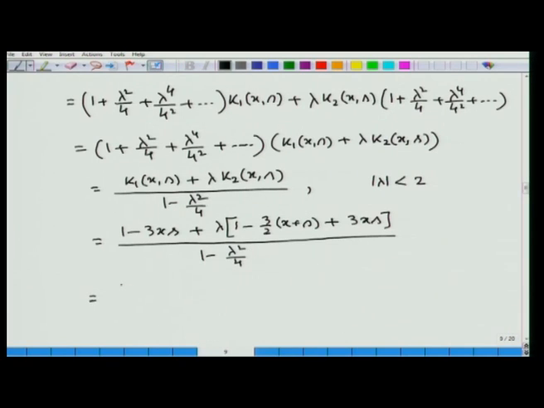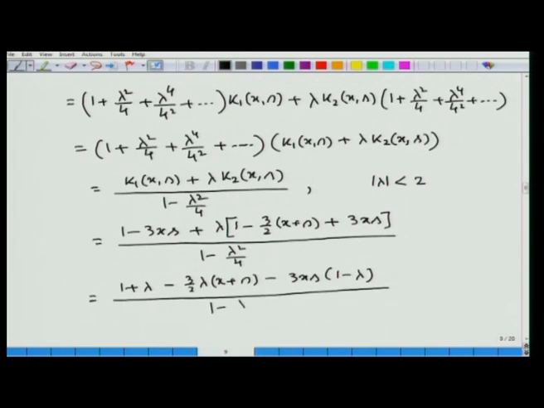So, that means, this is equal to 1 plus lambda minus 3 by 2 lambda times (x plus s) minus 3xs multiplied with 1 minus lambda, divided by 1 minus lambda square by 4. So, this is actually the sum for the Neumann series, and also this is the expression for the resolvent kernel.